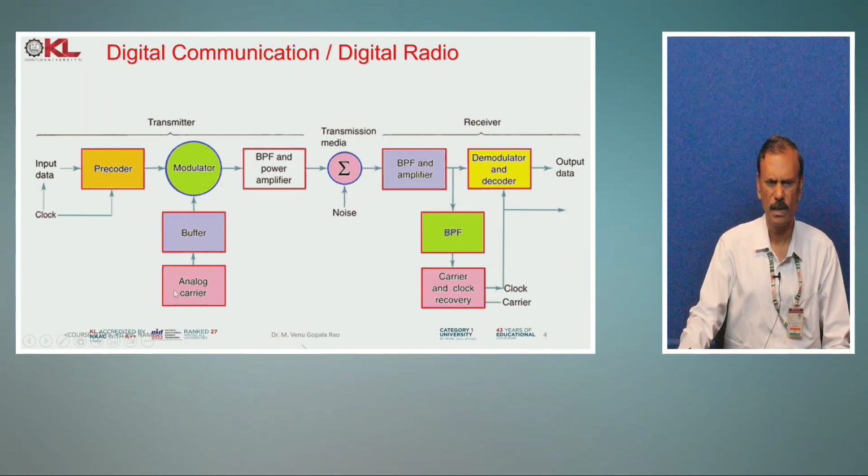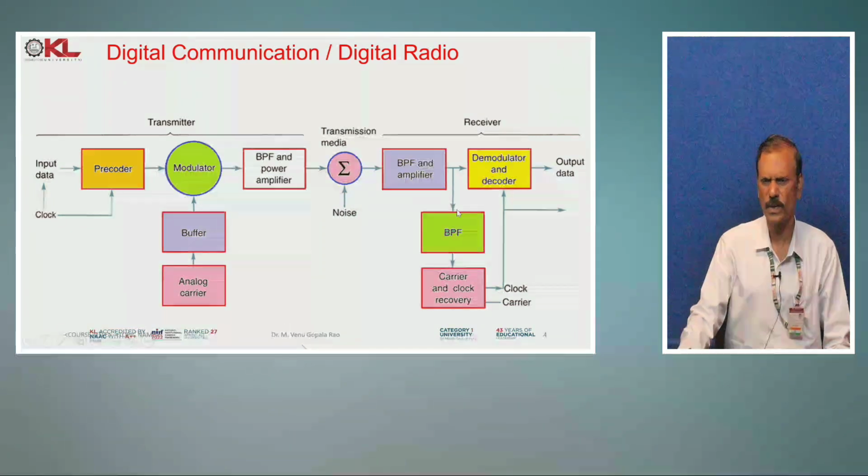Then the analog carrier signal goes through a buffer amplifier and a modulator, then a band pass filter and power amplifier, and then transmission. The transmission media is generally affected by noise. At the receiver side, again there is a band pass filter for tuning, then an amplifier and a demodulator, and we get the digital output.